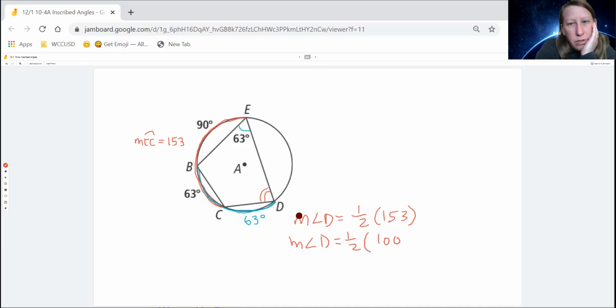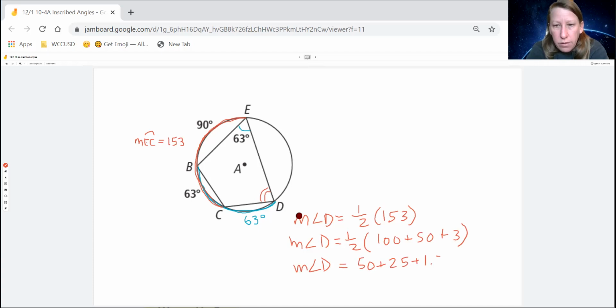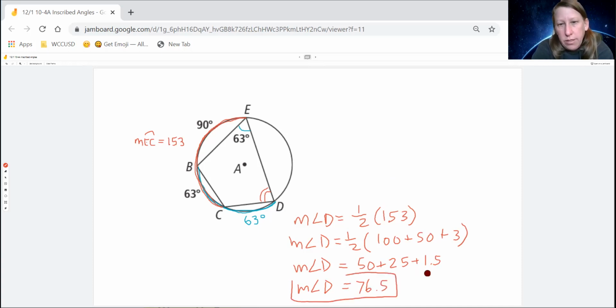I'm going to do half of 100, half of 50, and half of 3, and add that up because I don't have a calculator near me. So it's going to be 50 plus 25 plus 1.5. If I had a calculator, I would just do it on a calculator. So this is 76.5. Check my work on that, but I think that's right.